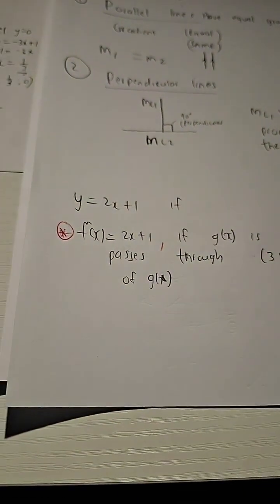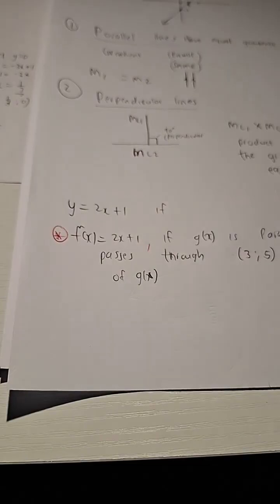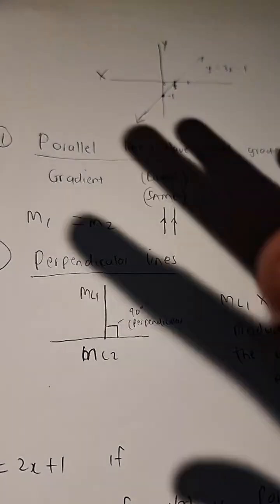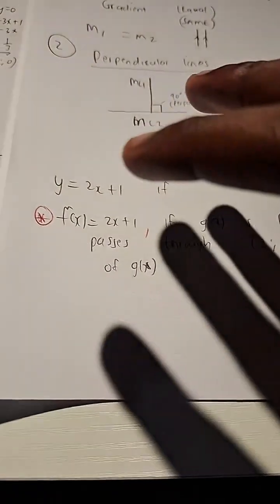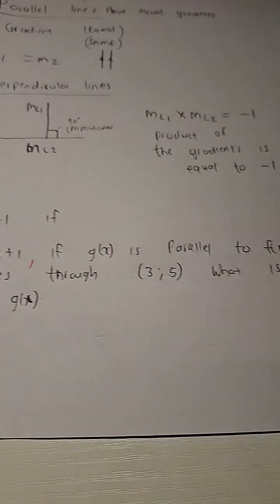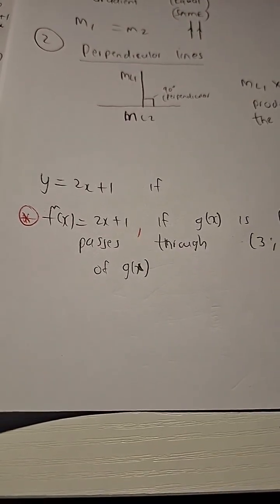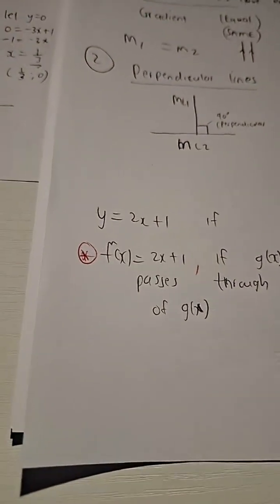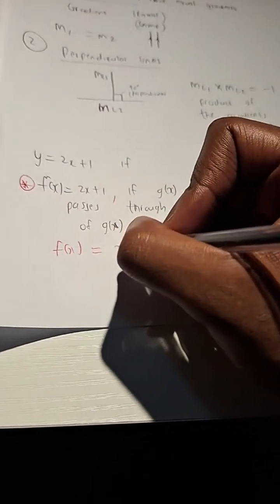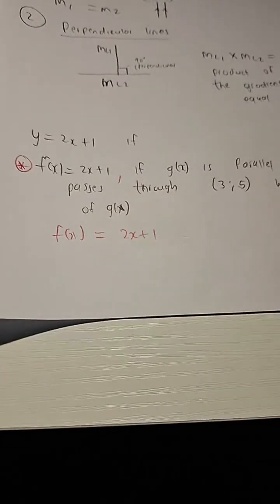So this is where we actually have to find the equation of this particular function, given the fact that the lines are parallel. All right, f of x is parallel to g of x. Remember here we know that f of x is equal to 2x plus 1.